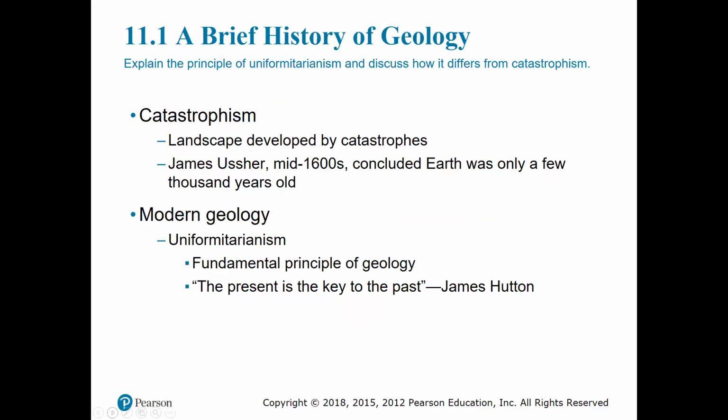So we start out with catastrophism. This was kind of the first theory or first way that individuals would describe how the Earth was formed or how various landforms were formed. Catastrophism is the belief that Earth's various landforms and landscapes were developed by these catastrophic events.